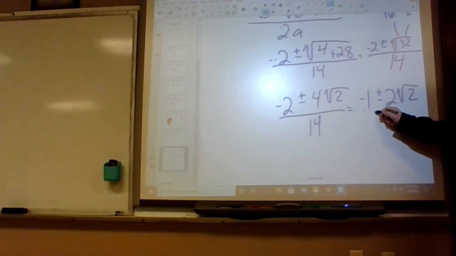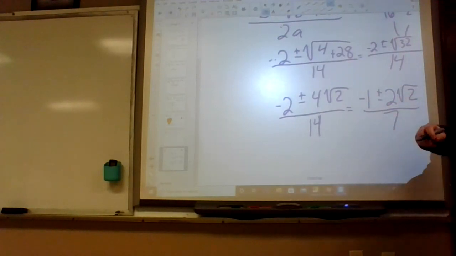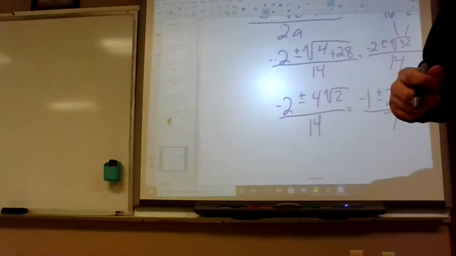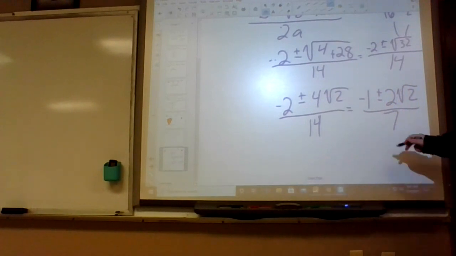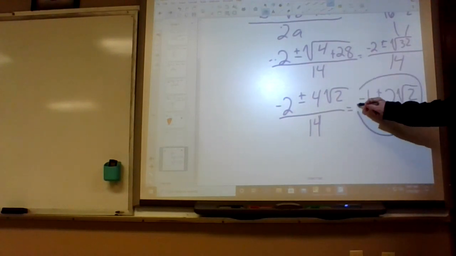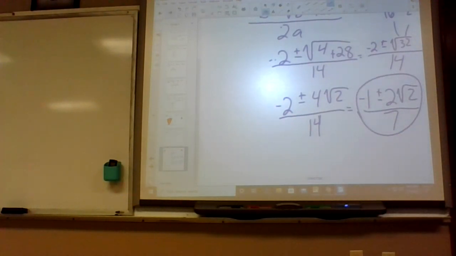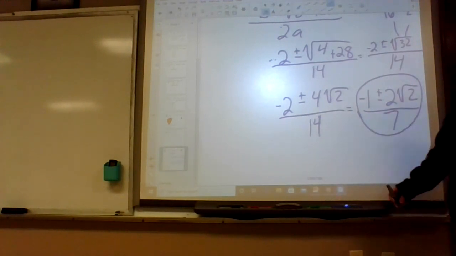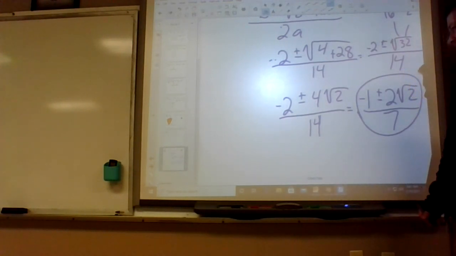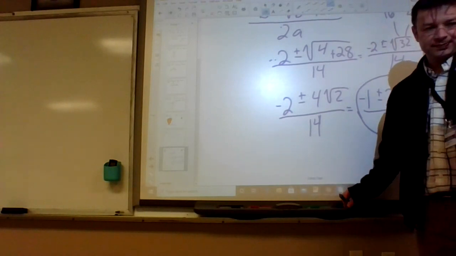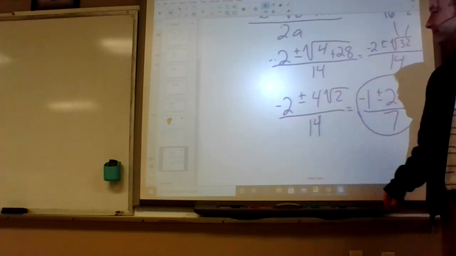Actually, now I'm kind of wondering if the book did. No, I don't think they did. No, they didn't. Even if you separated it, it wouldn't really reduce anymore because the 7 doesn't reduce.